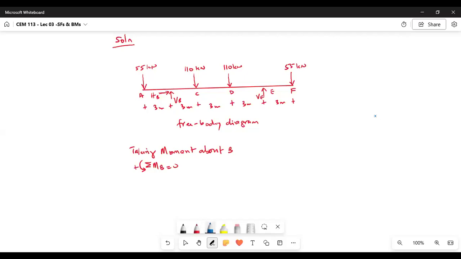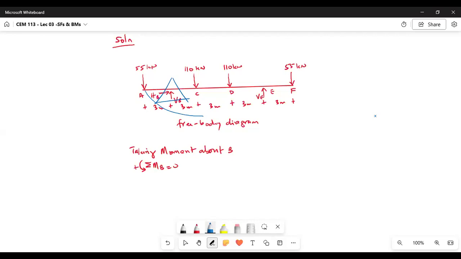Now watch here. Now that we have taken moment about B, this is now our pivot. Okay? As we have learned, we'll start with the extreme left. The first 55 here will go like this. That's anti-clockwise, isn't it?